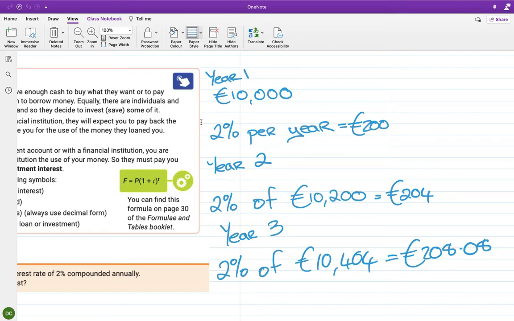So the longer you can leave it there, even though you've agreed this 2% compound interest, your percentage is on an increasing figure every time. So that means every year your 2% is worth a little bit more. And then at the end of the 10 years, they'll pay you whatever your 10,000 euro has turned into.